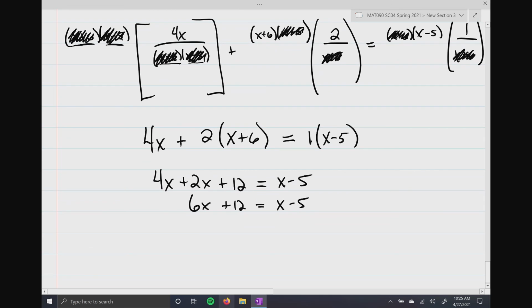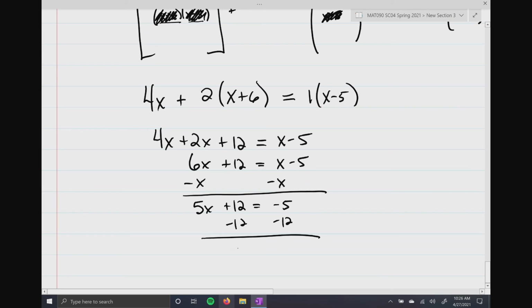Now, I'm going to get my variable terms on one side, constant terms on the opposite side. So I'm just going to subtract x from both sides. I'll do that first. So that gives me 5x plus 12 equals negative 5. Now I'm going to subtract 12 from both sides. I get 5x equals negative 17.